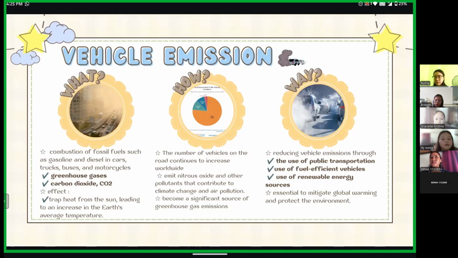Also, the use of fuel efficient vehicles like electric cars and vehicles that are good for the environment. Use of renewable energy sources such as wind energy, hydro energy, and sunlight energy is essential to mitigate global warming and protect the environment.